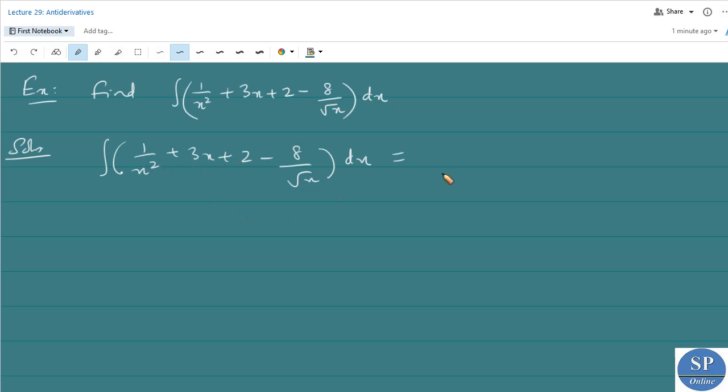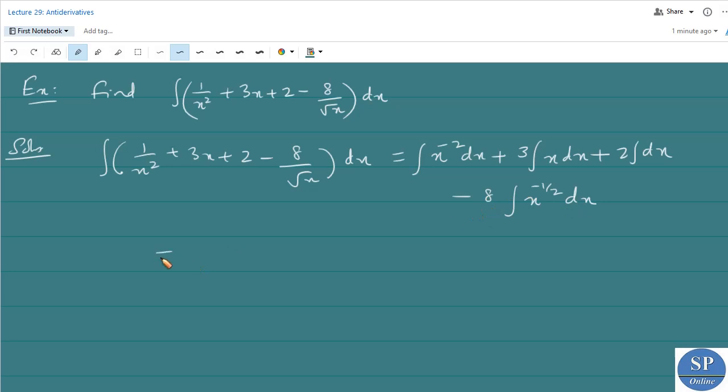So we can write this as integral 1 by x square is nothing but x^(-2) dx plus integral 3x dx. So we can use the constant multiple rule here. So 3 into integral x dx plus 2 into integral dx and minus 8 into integral 1 by square root of x, that is 1 by x^(1/2), that is x^(-1/2) dx. So here we used the sum rule and constant multiple rules.